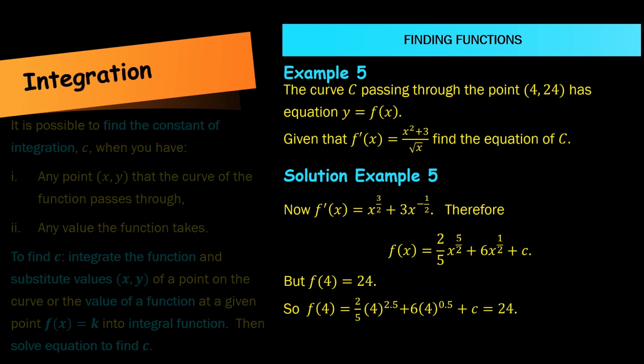And rearranging this equation gives us that c equals minus 0.8. And therefore, our function is f of x equals 2/5 x to the power 5 over 2 plus 6x to the power half minus 0.8.